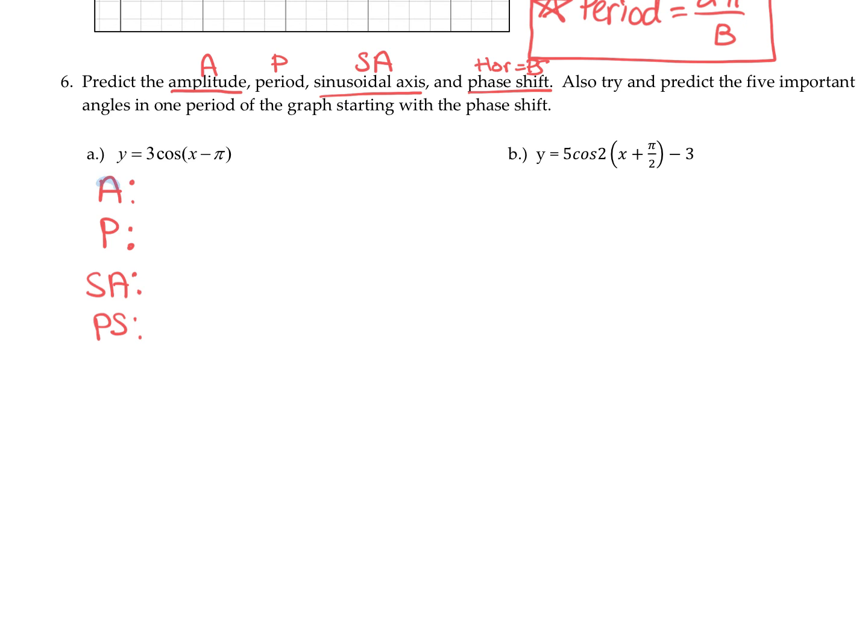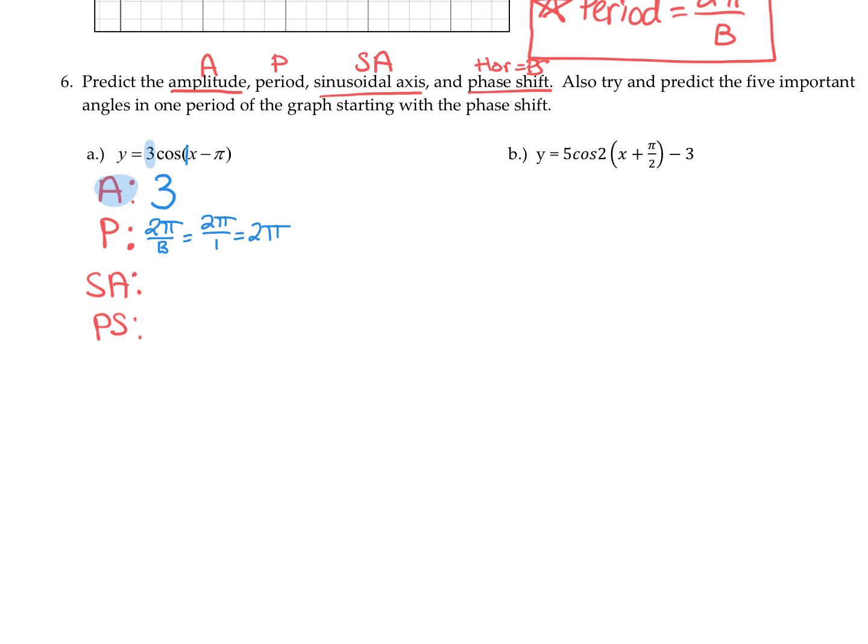So the amplitude is always our A value, and it's always going to be the number in front, and it's always going to be positive, so it's going to be 3. My period is always going to be 2 pi divided by my b value, and in this case, the number in front of x is 1, so my b value is 1, so the period is just 2 pi, which is kind of the default when our b is 1.